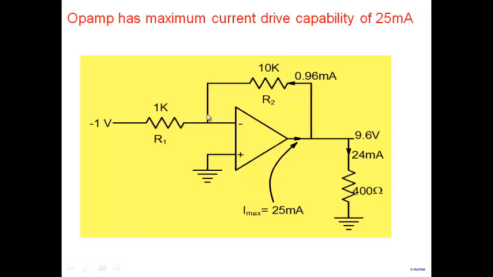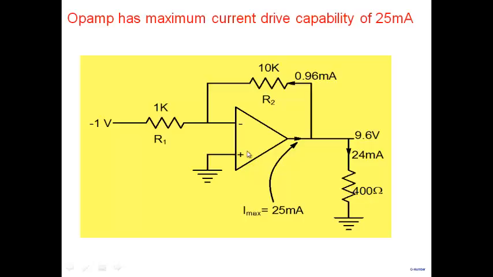So now you see what happens here. When Vin is 1, I'm expecting 10 volts here. And when I connect 400 ohms, the current required by my load is right there at about 25 milliamperes. If I make my load smaller, your load is demanding, for 10 volts, a current which is larger than 25 milliamperes.